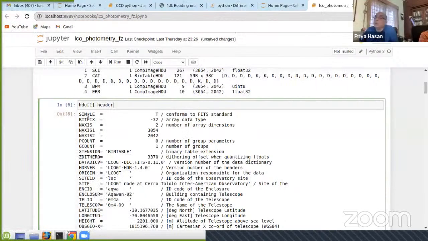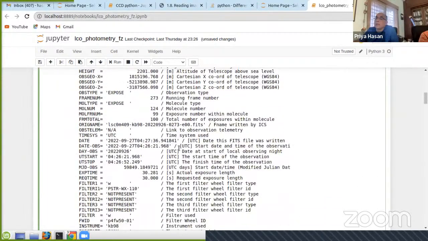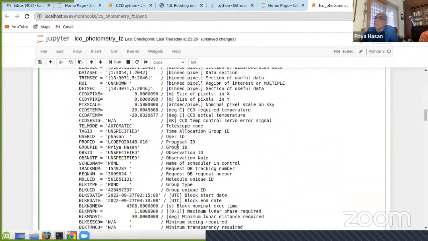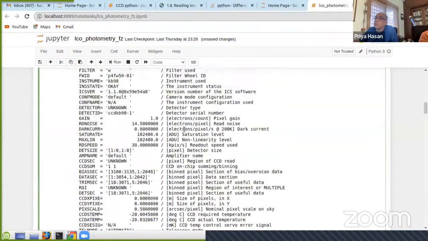So you see the header data unit 1 header gives you this whole listing. In the header you have all this information.